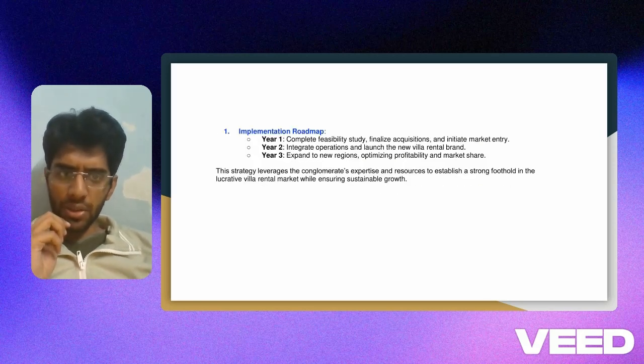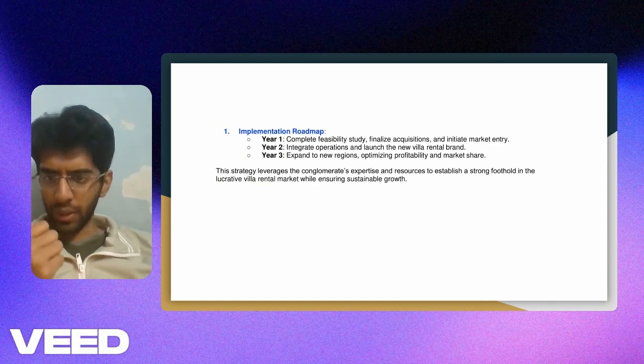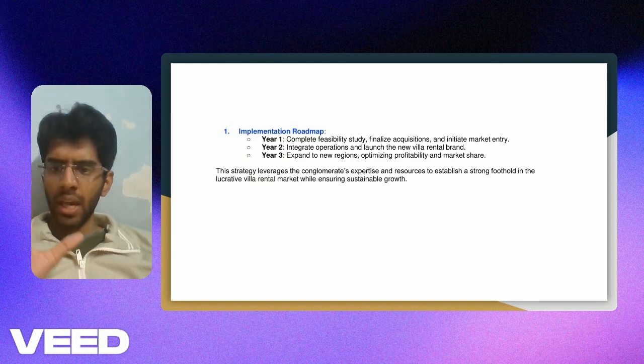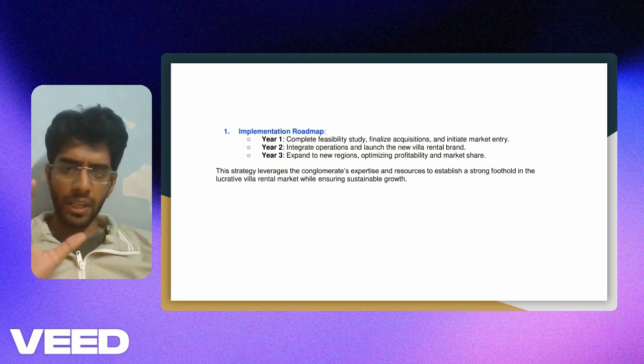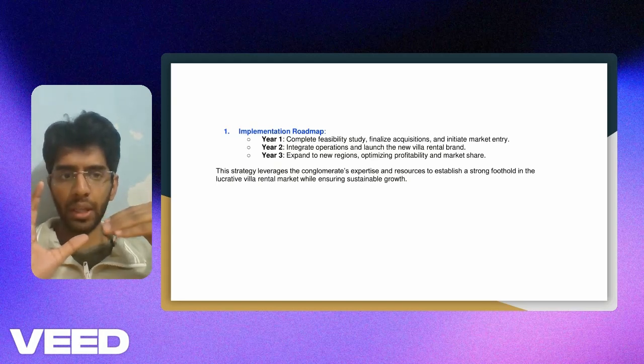Talking about the implementation roadmap, year one should be the year where we do the primary market research to understand the market, in sync with top-level executives so that they can develop their own understanding of this market.